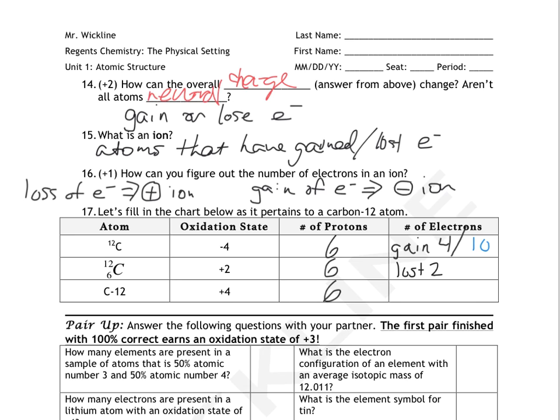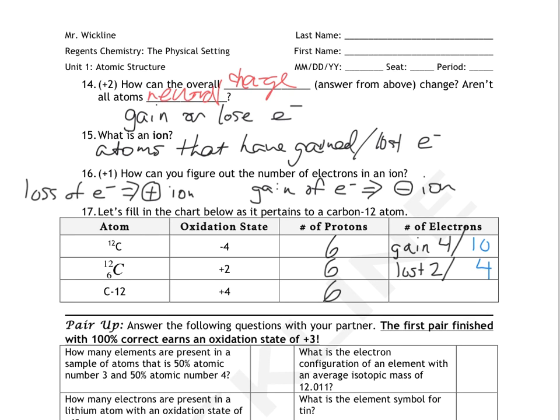If they just want to know that, then you can stop your answer there and say it lost 2. But if they want to know the total number that this ion has, then you start with the original number, which is 6, equal to the number of protons, and subtract 2 from it because it lost 2. So 6, and it lost 2, so I'm going to say 4 electrons.